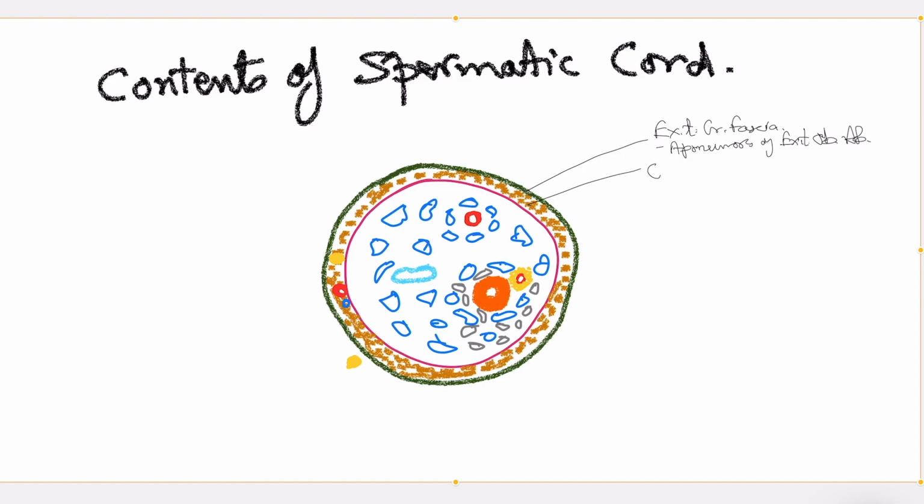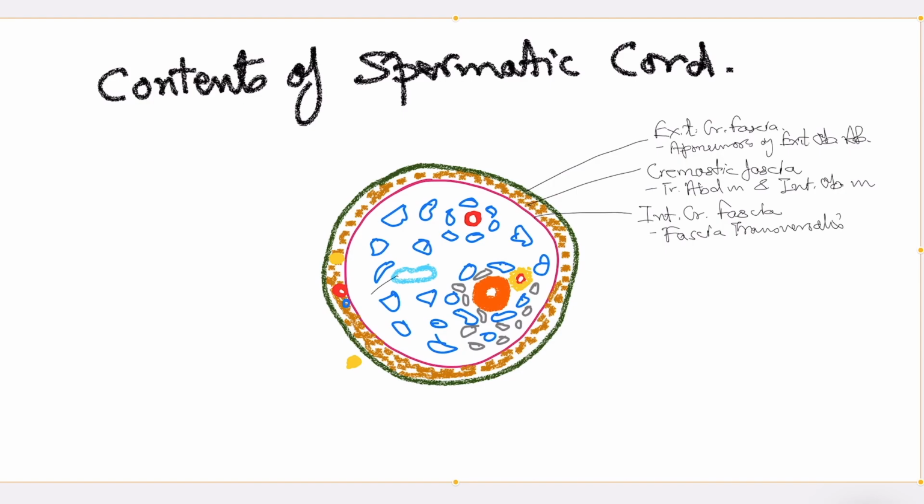This is cremastic fascia, which is a continuation of fibers of transversus abdominis muscle and internal oblique muscle. The pink colored layer, the innermost layer, is internal cremastic fascia, which is a continuation of fascia transversalis.